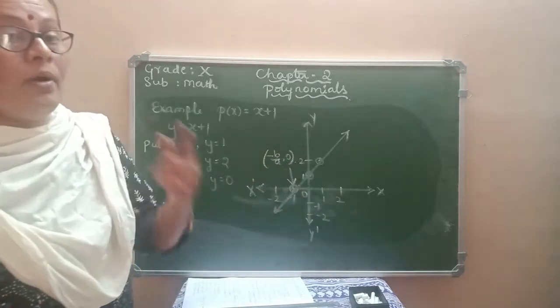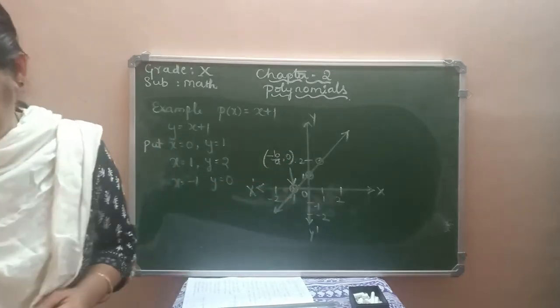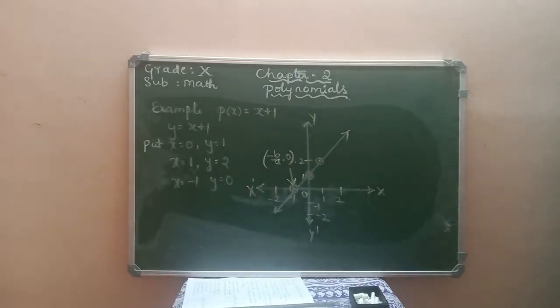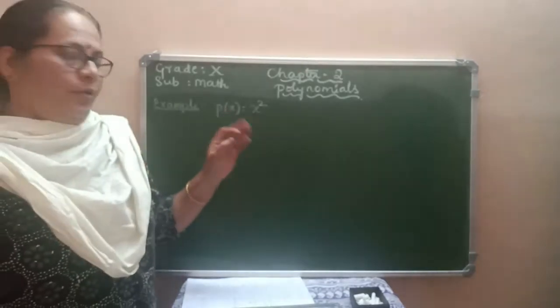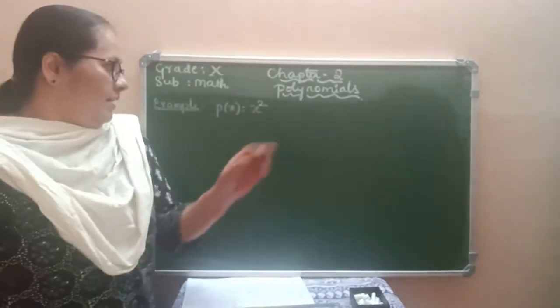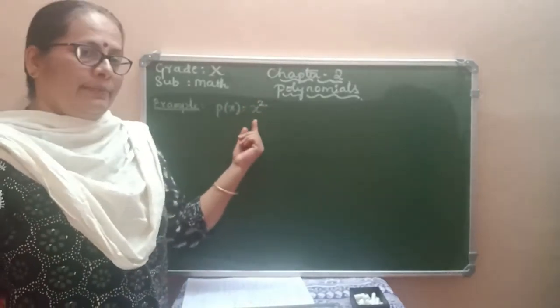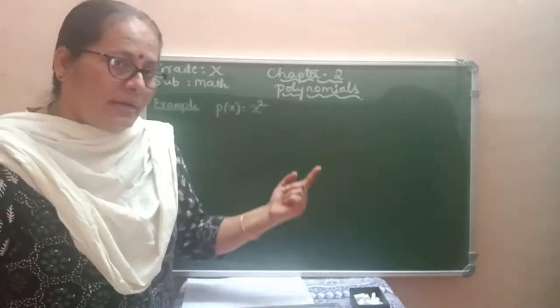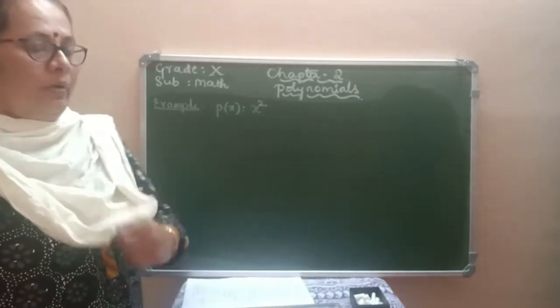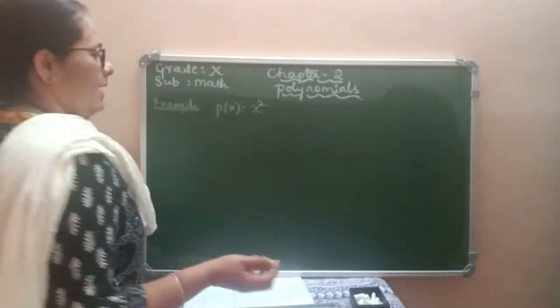Now we'll take quadratic polynomials. Take a quadratic polynomial x square. What is the degree of the polynomial? 2 here. So this is a quadratic polynomial. Now for this we'll plot the graph.